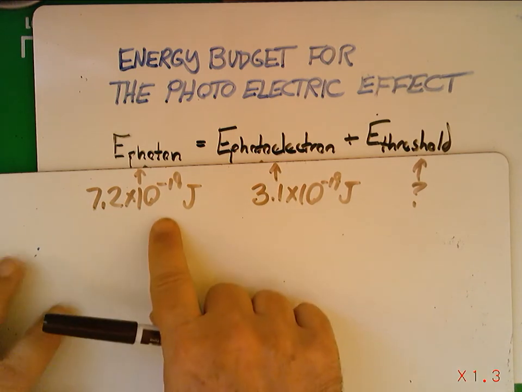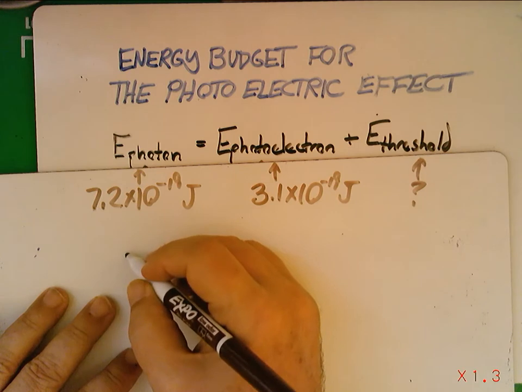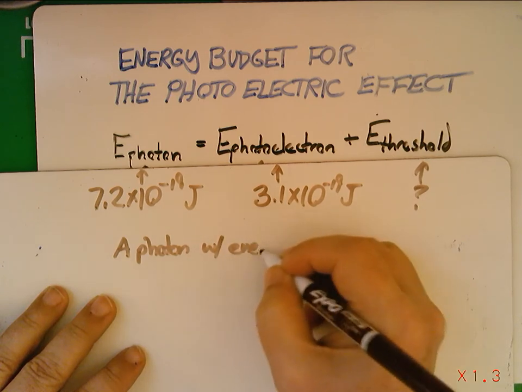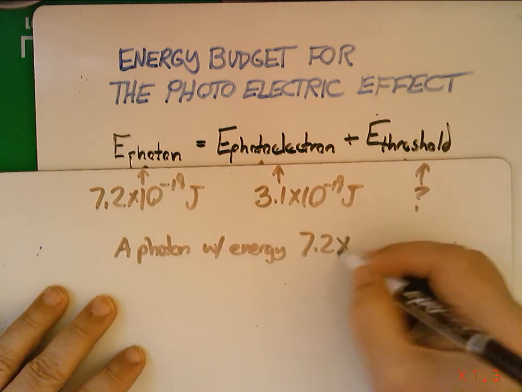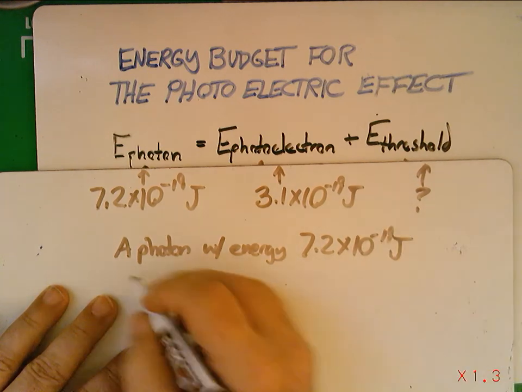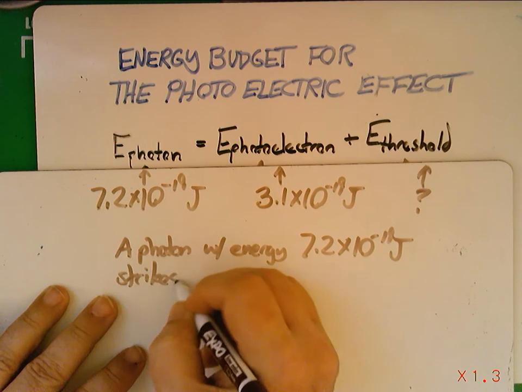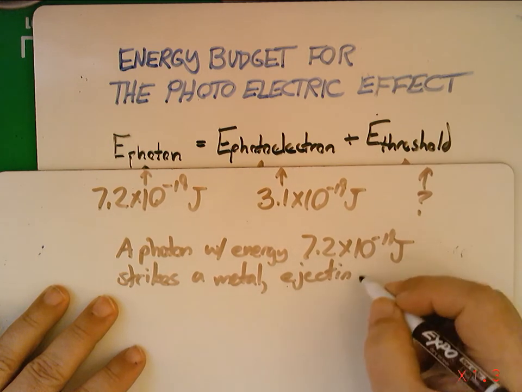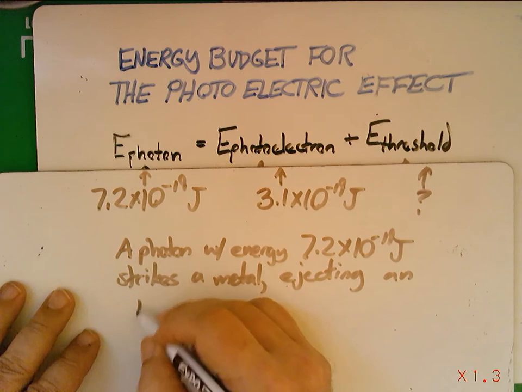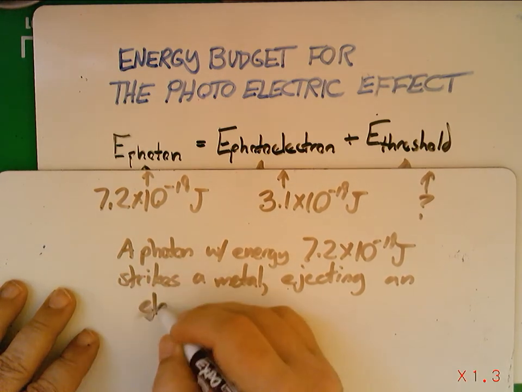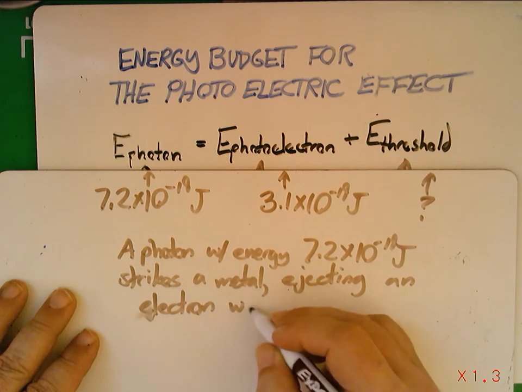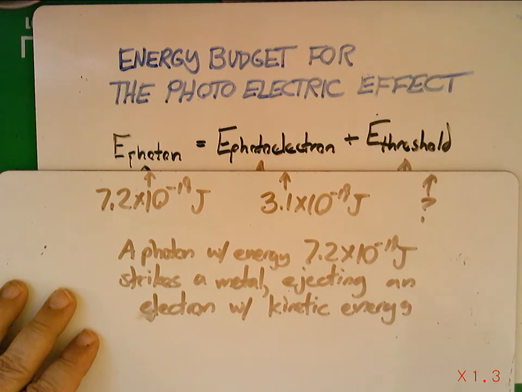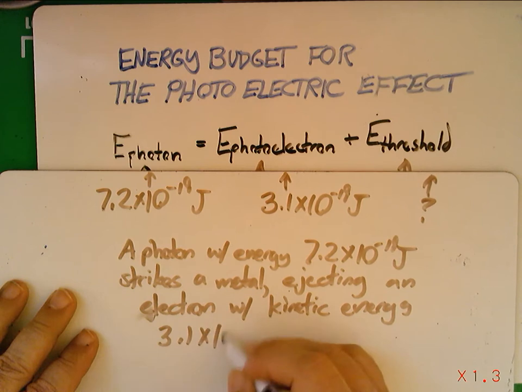So this will be embedded in a word problem. The word problem will look something like: you have a photon with energy 7.2 times 10 to the minus 19 joules, strikes a metal, ejecting an electron, or a photoelectron, I'm just going to say an electron, with kinetic energy 3.1 times 10 to the minus 19 joules.